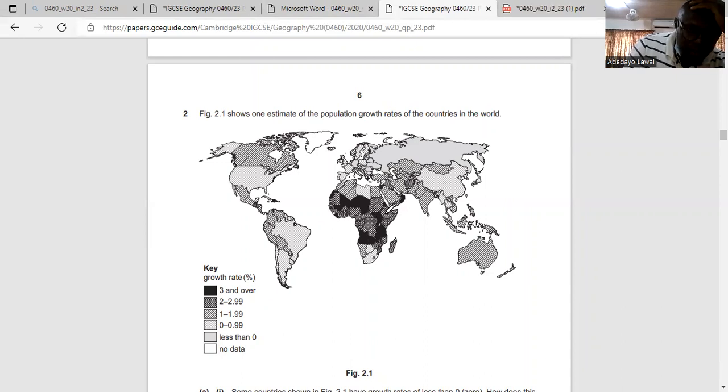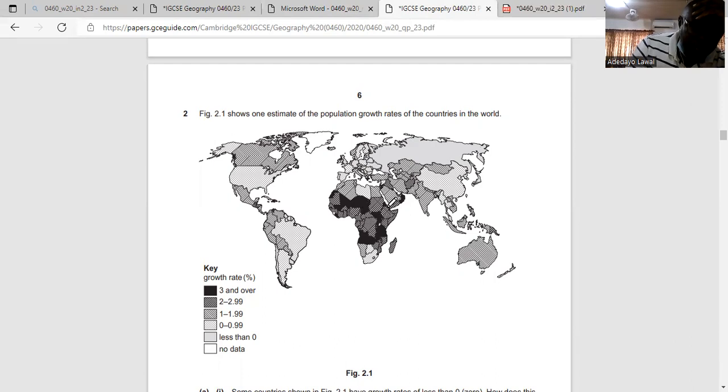So most countries have between 2 to 2.99. So most countries in Africa have between 2 to 2.99. Why some few countries like Niger. If you know this country, you mention it. Which country is here? I can't remember this. But if you mention a country, they will give you the mark, because that means you know this is Niger. But most countries have that, that's another one mark.